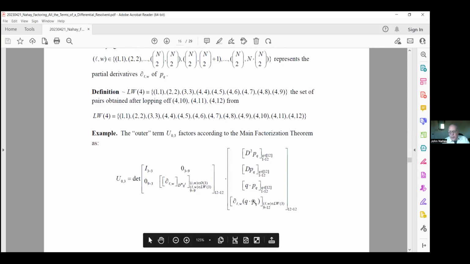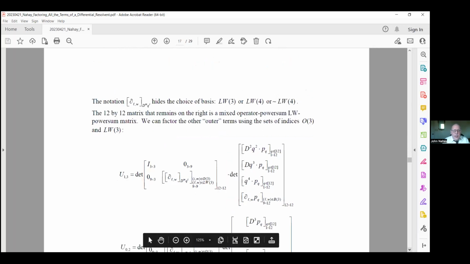So this is the lower 9 by 12 matrices, and these are the top 3 rows.